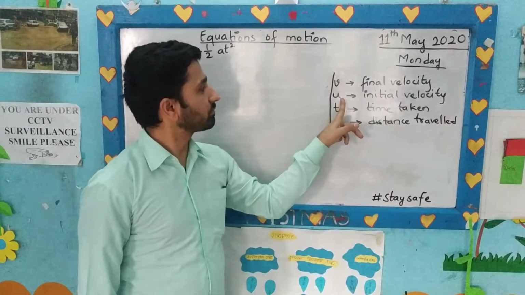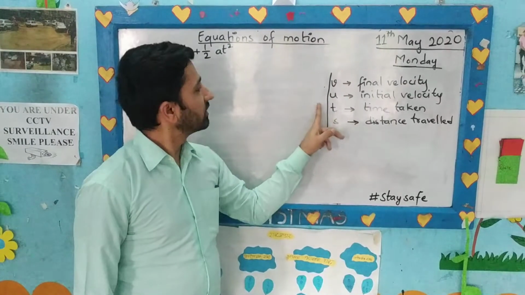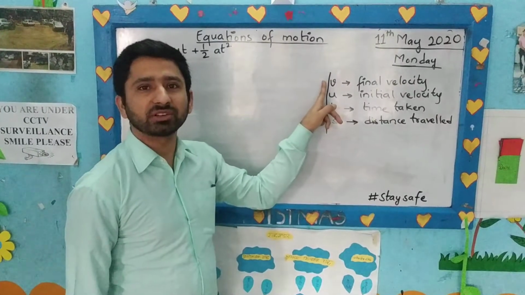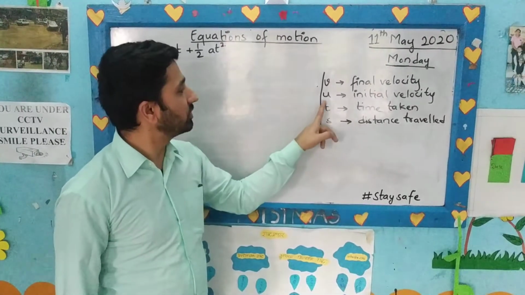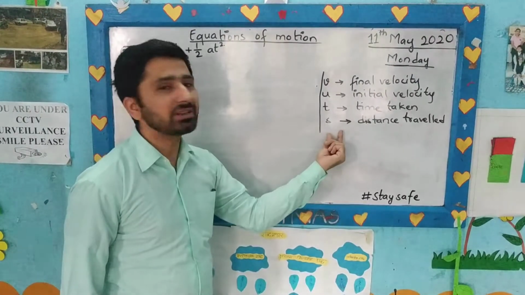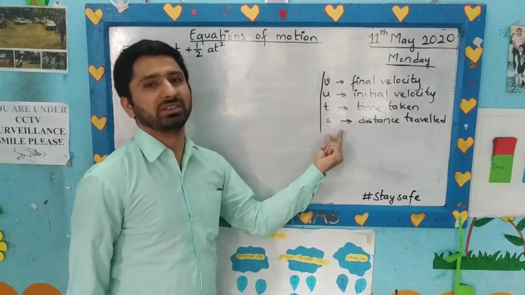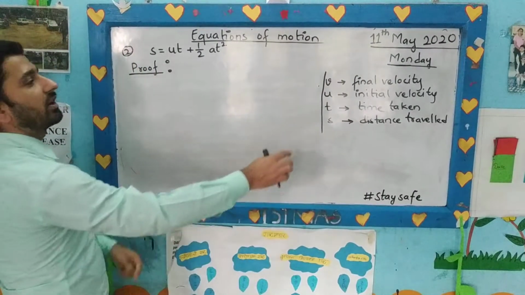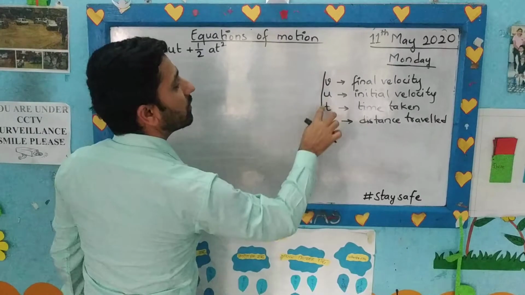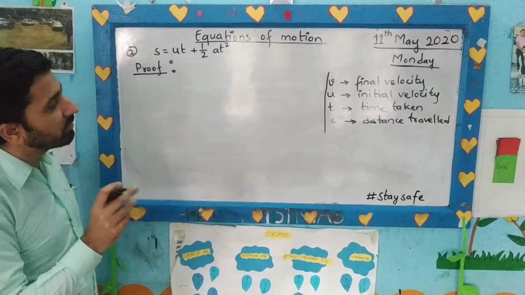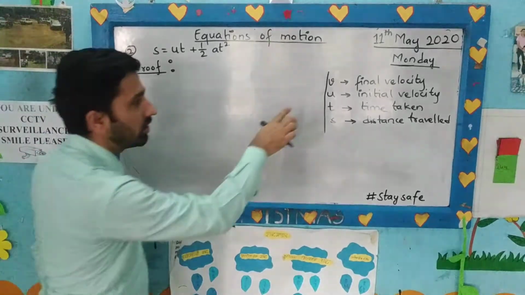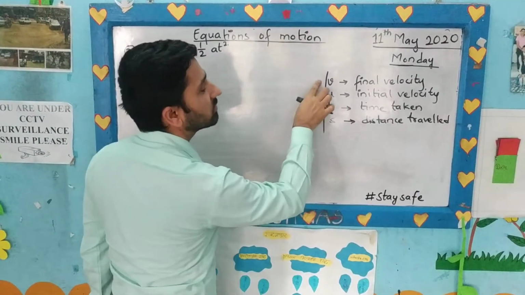After some time t, its velocity becomes v meter per second. And while changing this velocity from u to v, it travels a distance of s meter. That means there are two velocities. Before, the velocity was u, and after some time the velocity becomes v.